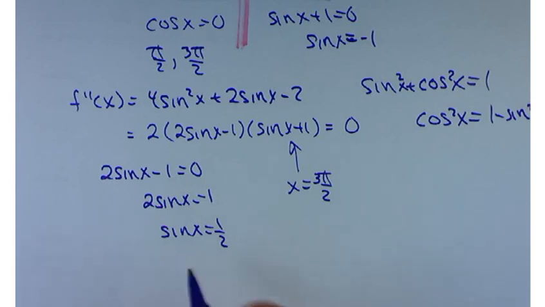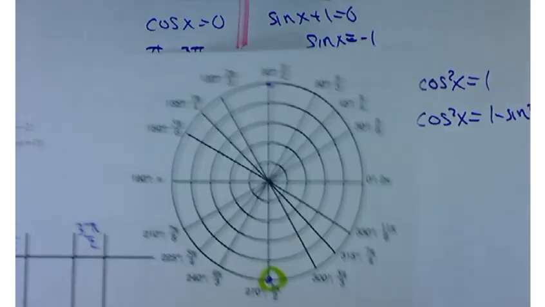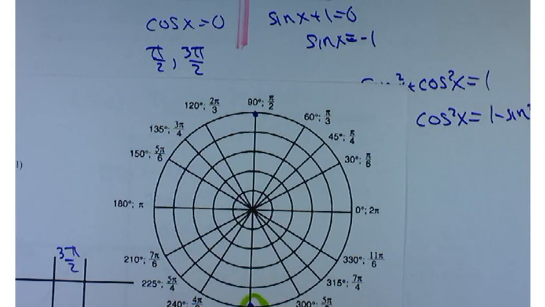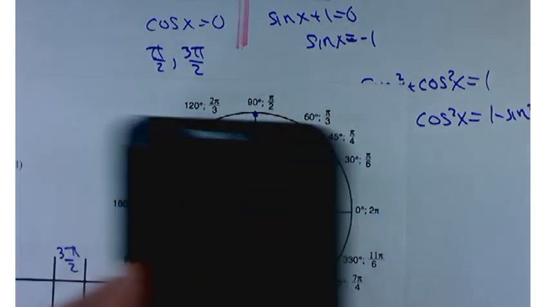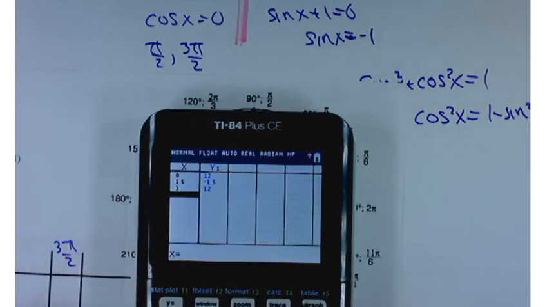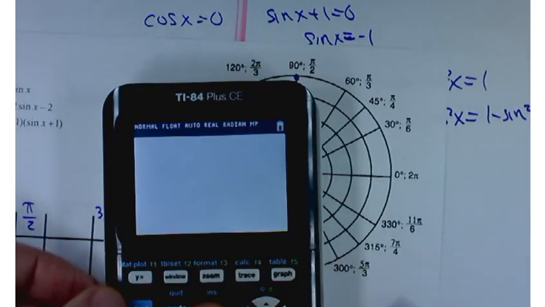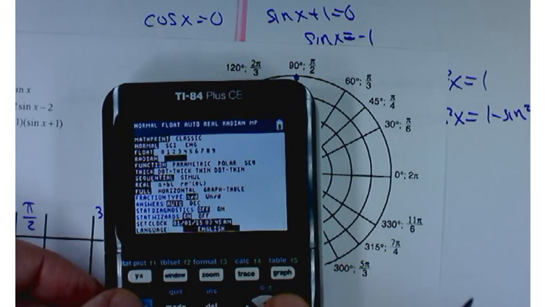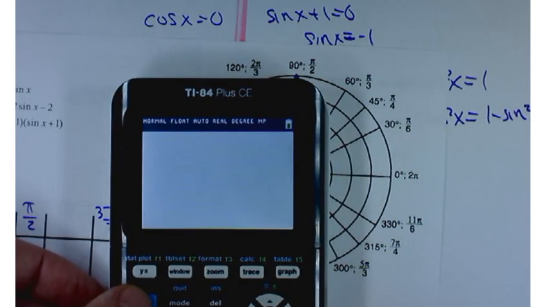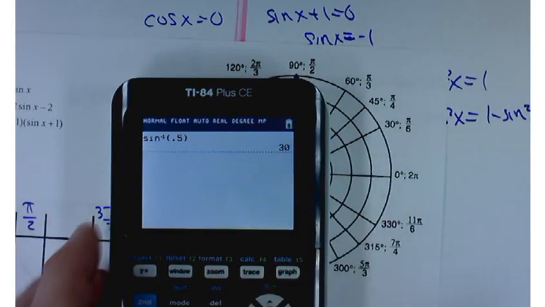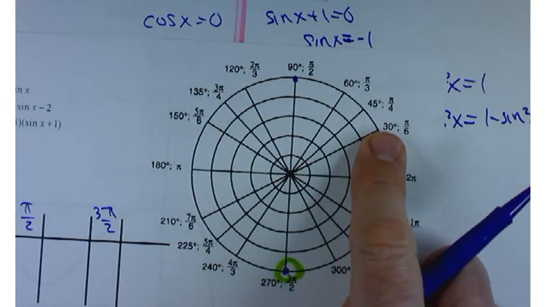Sine is your y-coordinate, right? So think about the unit circle. Now, your calculator can help you out if you're lost, if you don't have a unit circle around. You can always do the inverse sine of 1/2. I'd probably have my calculator in radian or degree mode if I did that. The inverse sine of 0.5 is 30 degrees, but that's pi over 6.